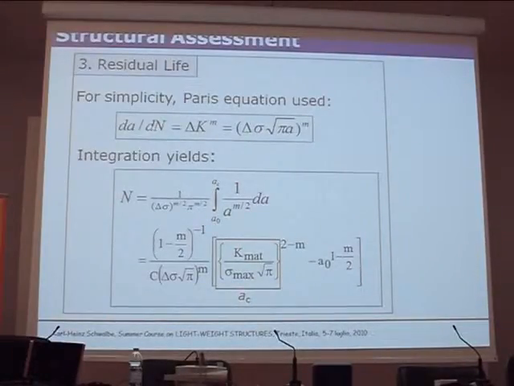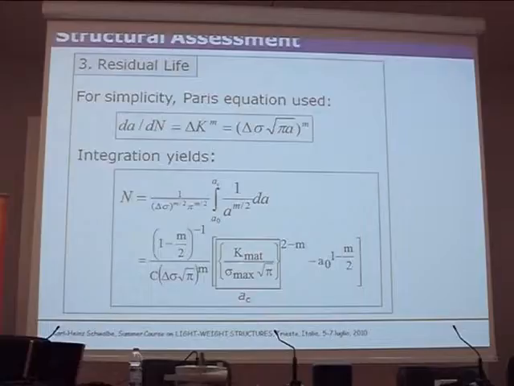When you integrate, you solve the equation for N, which means that everything becomes upside down. So the important stuff in the end stays in the denominator. Here are the constants. Here is the integral from A0 to AC, and here is the crack size, and here the integration has been done.